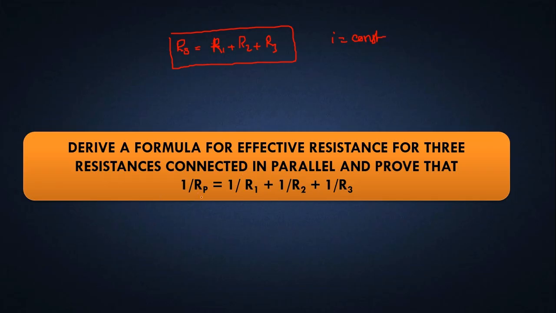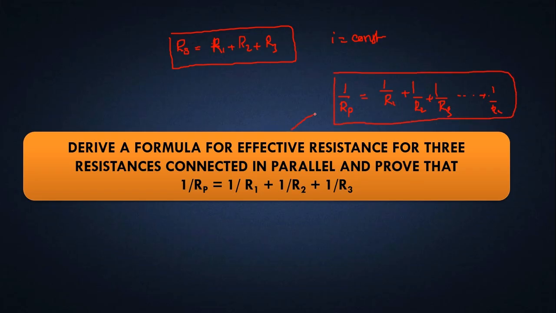But in parallel connection, the effective resistance in parallel is given by 1 by Rp is equal to 1 by R1 plus 1 by R2 plus 1 by R3 if three resistors are connected in parallel. If there are infinitely many, we can say directly up to 1 by Rn. We'll see how to derive it.